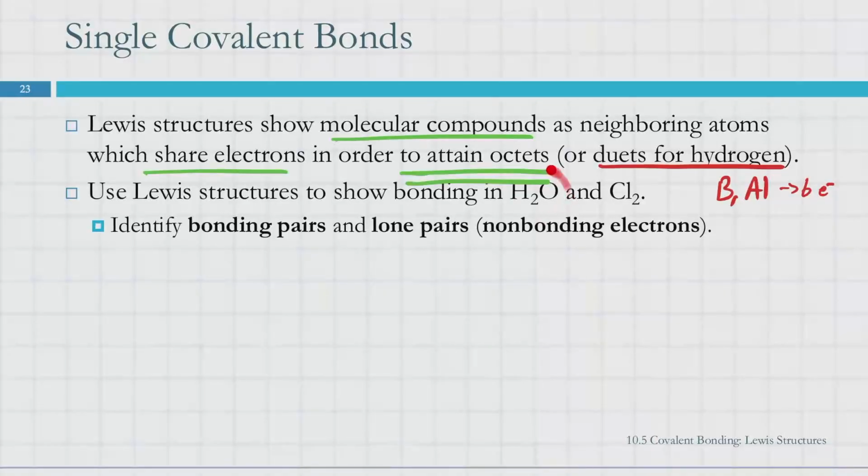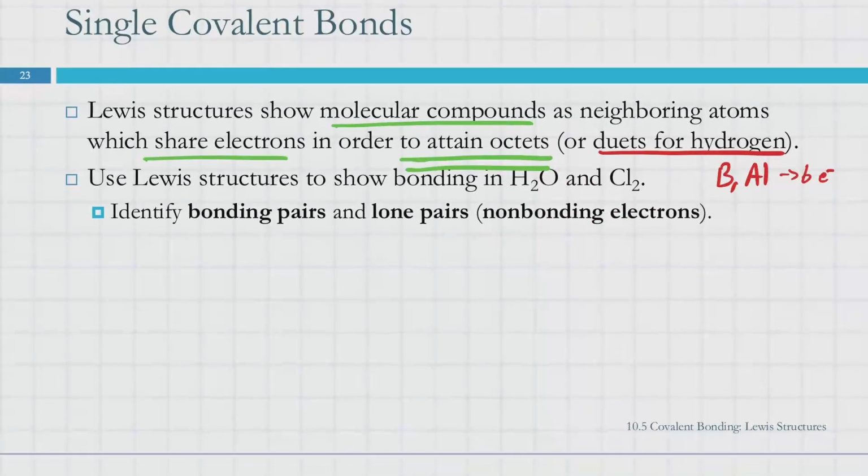So let's use Lewis structures to show bonding in H2O and Cl2. We're going to learn some steps for putting together Lewis structures, but I'm just going to give us the Lewis structures for these for now so that we can look at bonding and non-bonding electrons.